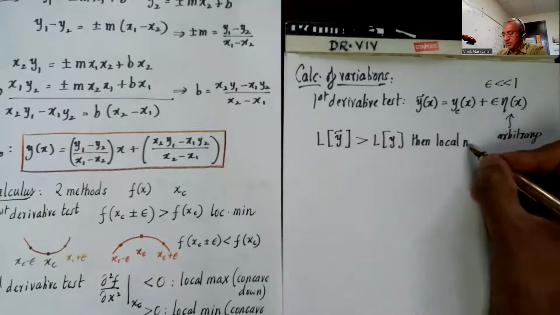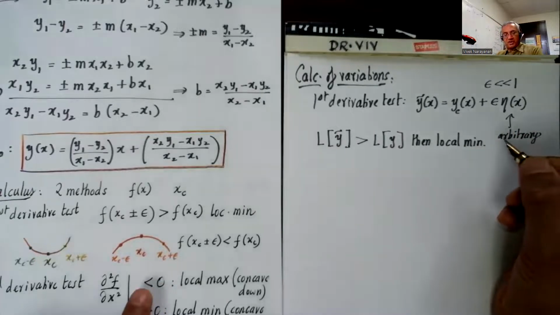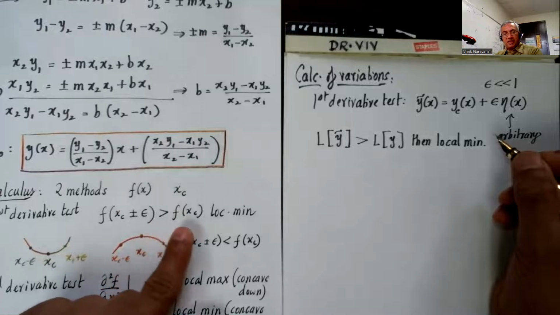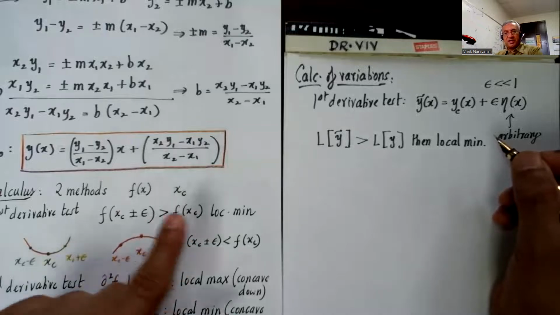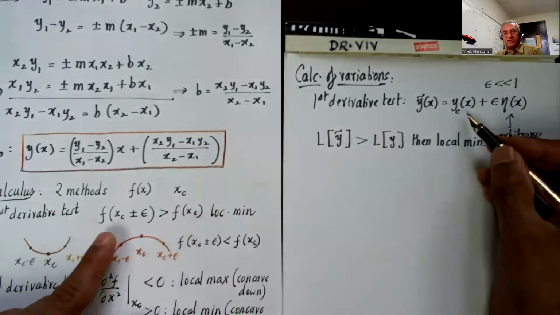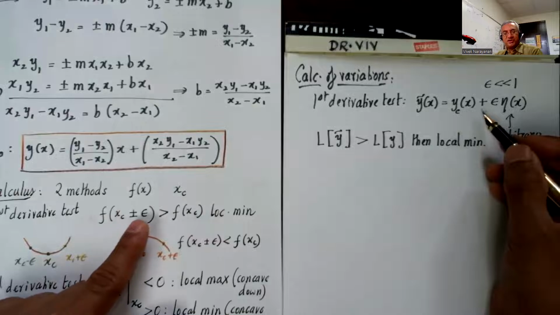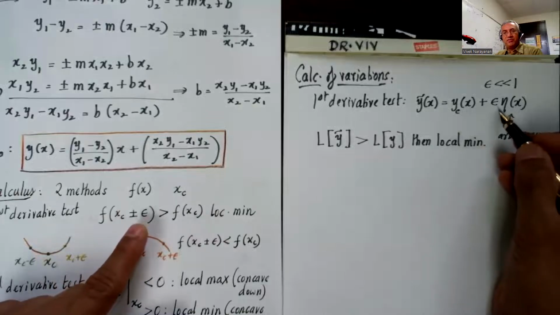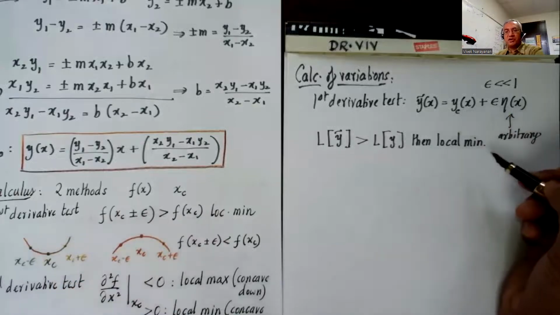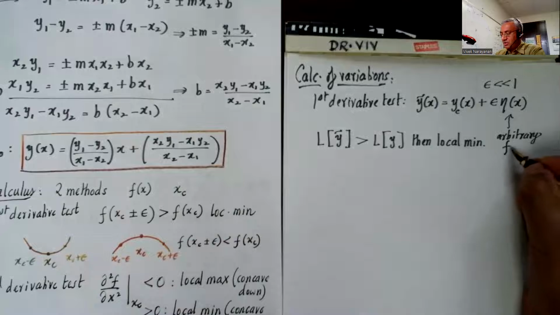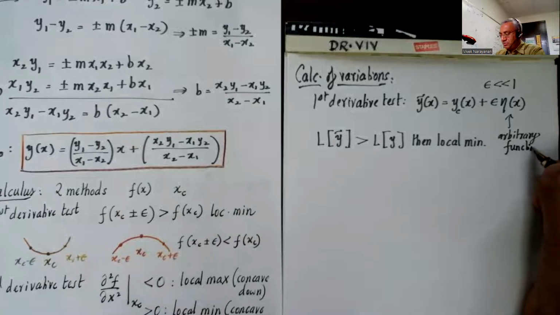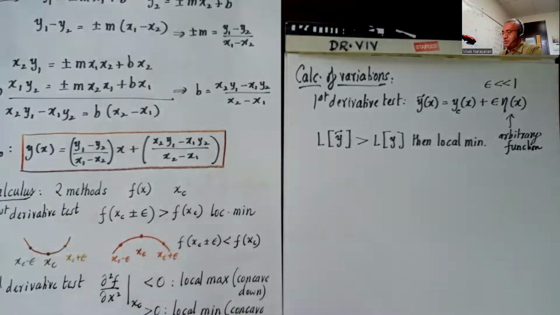So this is the analog of the first derivative test, where we are showing a local minimum, where y tilde is y critical plus, here we just had epsilon, but here you have plus epsilon times an arbitrary function. Okay, so that's what we're going to use.